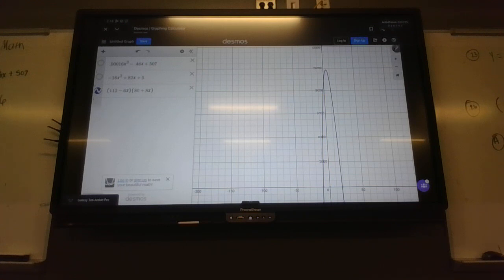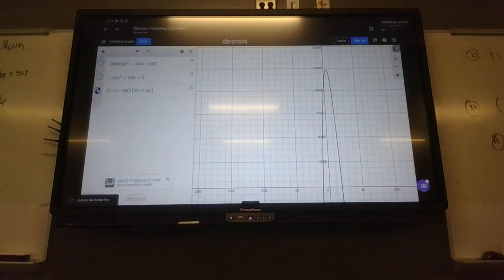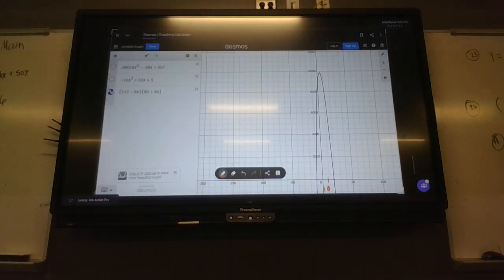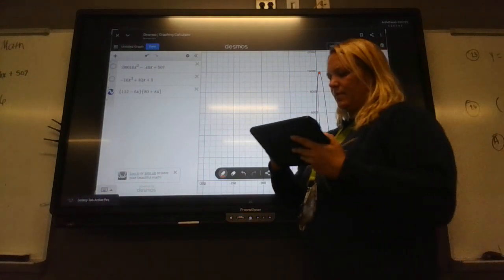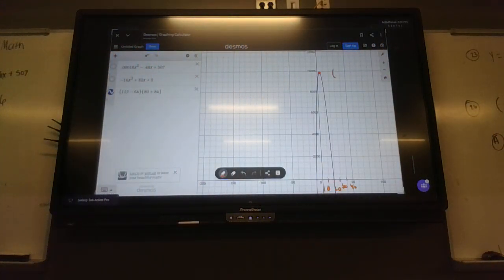This is talking about revenue. Okay? Down here, the cost is going by 10. It's 10, 20, 30, 40, 50. What vertex did you identify? That's a 26.